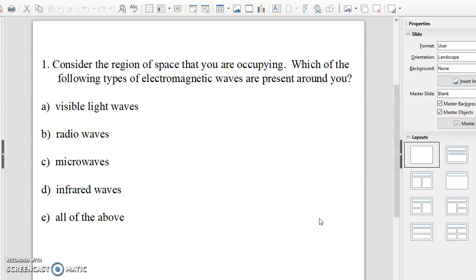talking about here. Once we get finished with these, we will then continue on and do the lecture on Chapter 34 and the problems that you will have to do for Thursday. Thursday, those problems will be due.